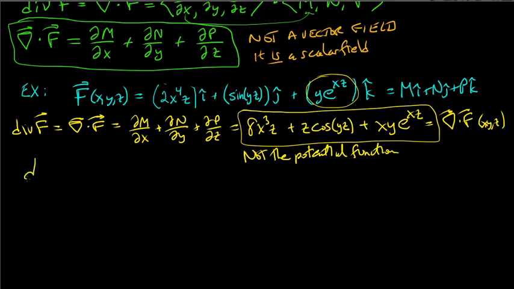In other words, can the divergence of a vector field actually end up being the potential function if the vector field is conservative? Yeah, I'd have to think about that for a while. It's a good question, but my guess is no. My guess is that there just aren't any, but there could be.